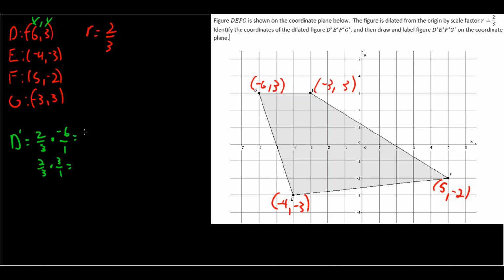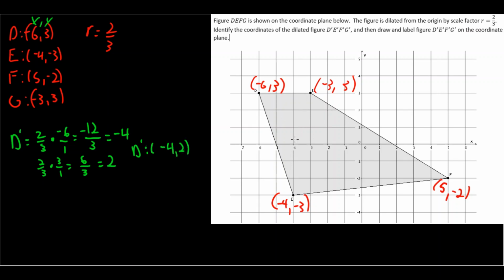So 2 times -6 is -12, over 3 times 1 is 3. -12 over 3 is going to give us -4 for our new x. 2 times 3 down here is going to be 6, 3 times 1 is 3. That's going to be 6 over 3, and that's going to simplify to 2. So our new D prime is going to be at -4, +2.